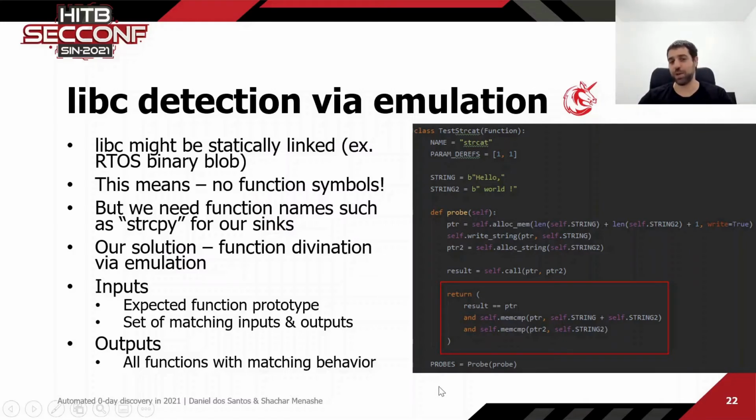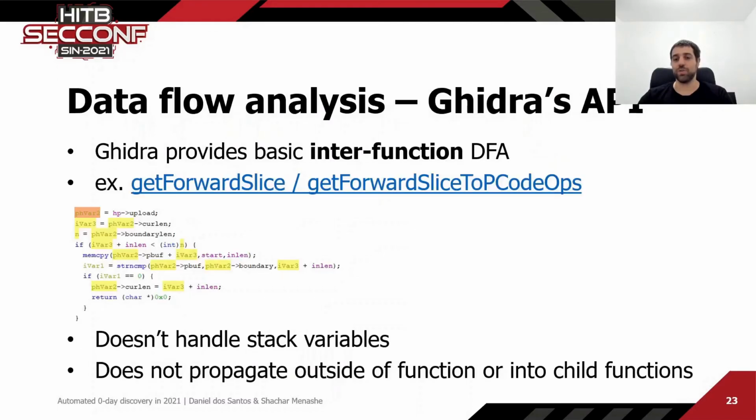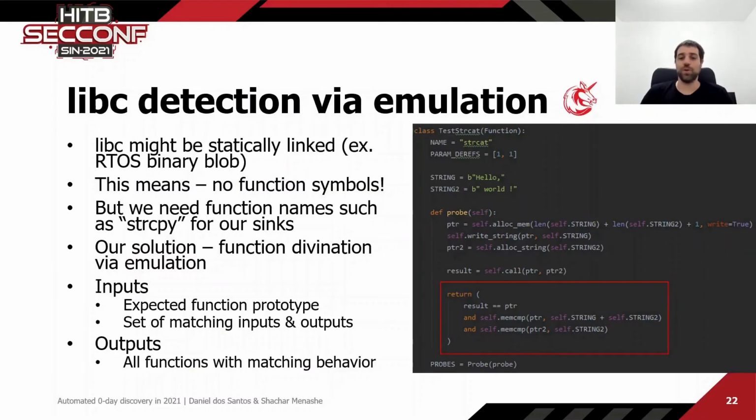The test case will check that the destination argument, which is of course the first argument, is the concatenated result of both of these strings, and that the second argument wasn't changed. And of course, we have multiple test cases to verify that this wasn't a fluke.